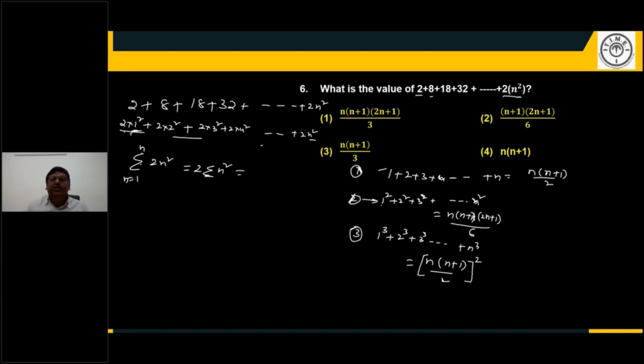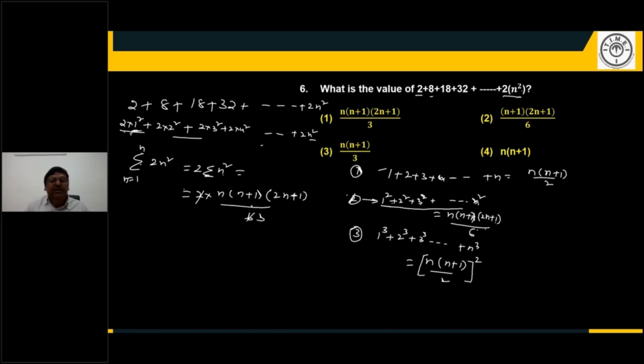So now your question is about sigma n square, which is n into n plus 1 into 2n plus 1 by 6. If you substitute here, 2 into n into n plus 1 into 2n plus 1 by 6, you can cancel: 2 ones are 2 and 2 threes are 6.